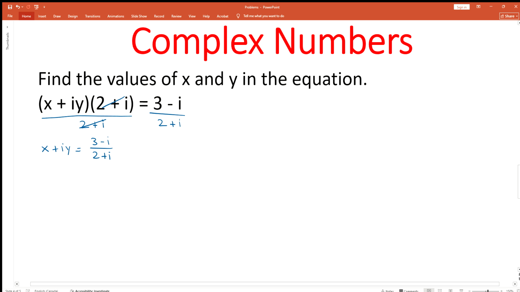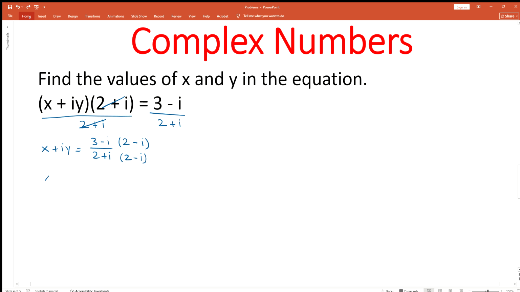In the standard form a plus bi, there is no i in the denominator. Conjugate is an expression with the same terms but opposite sign between the terms. So the conjugate of 2 plus i is 2 minus i. So we should multiply the numerator and the denominator by 2 minus i.